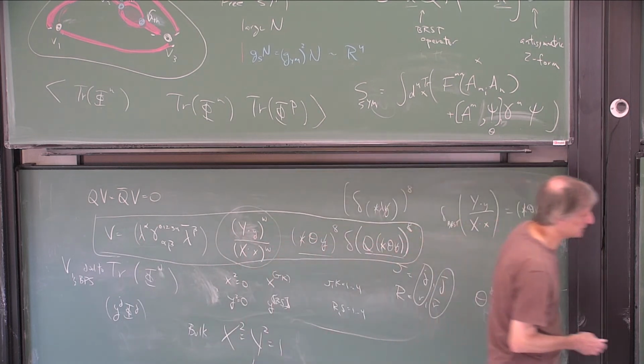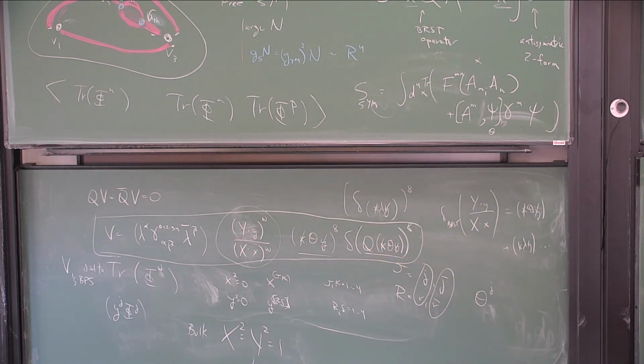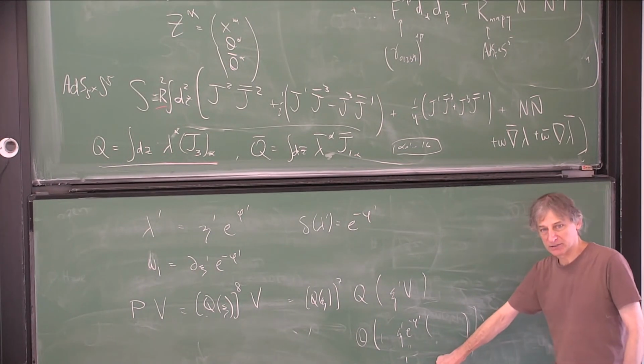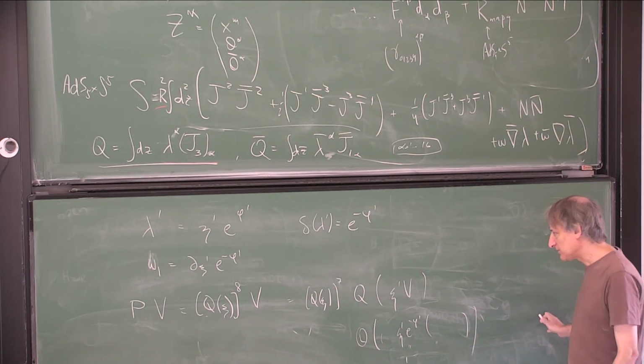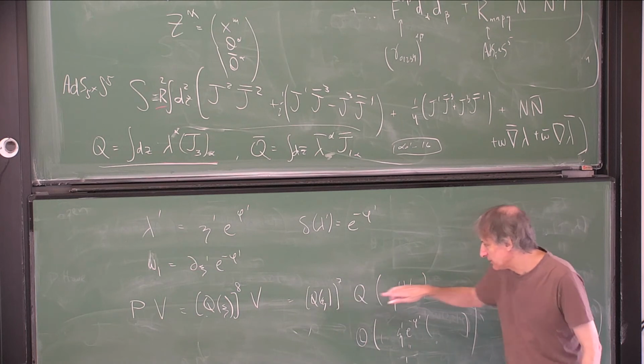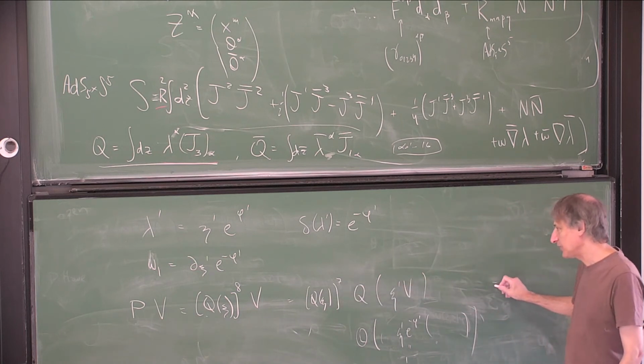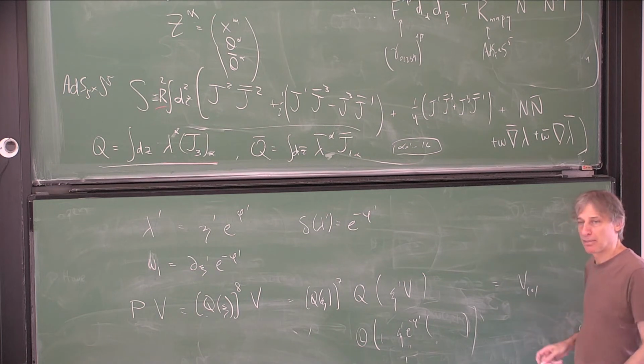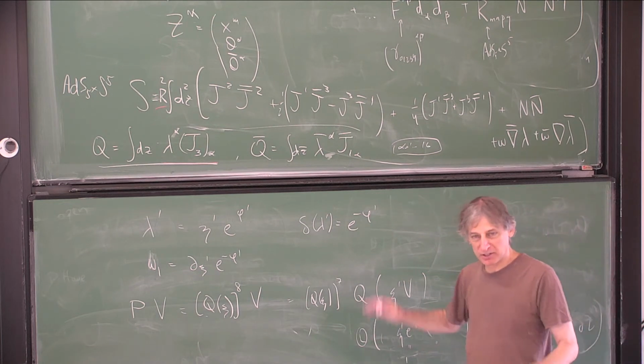So the BRST variation of this stuff has to be proportional to lambda 1. That guarantees that the pole cancels. So after doing all this, hitting with all the 8 different picture changing operators, you get something which is in the 0 picture, which means it removes that delta function. That's right. So all the delta functions go away.